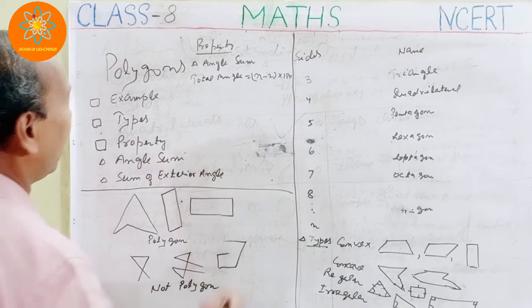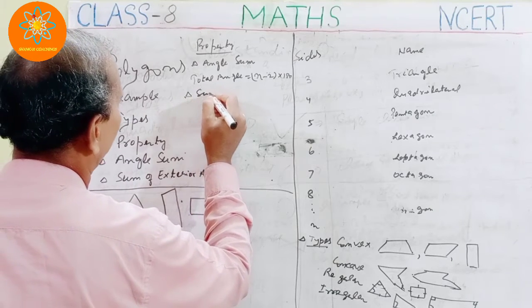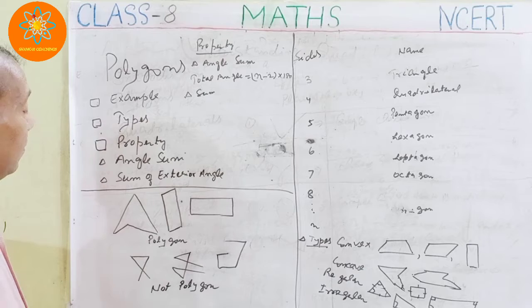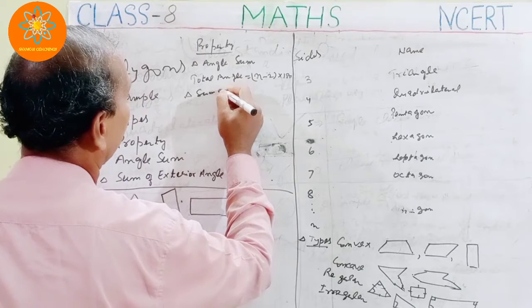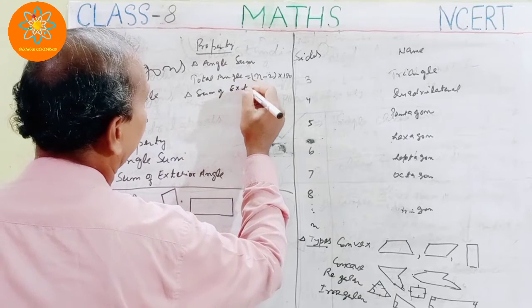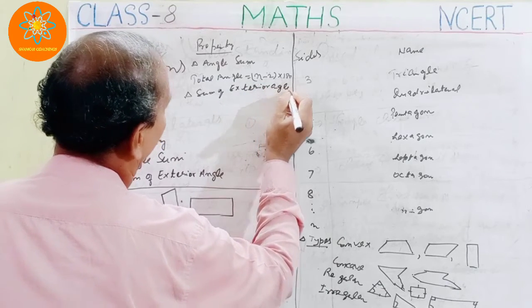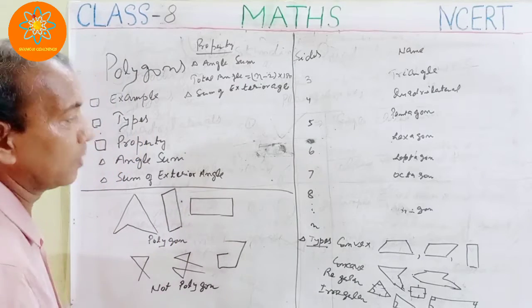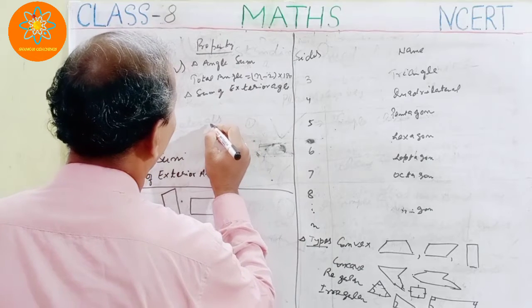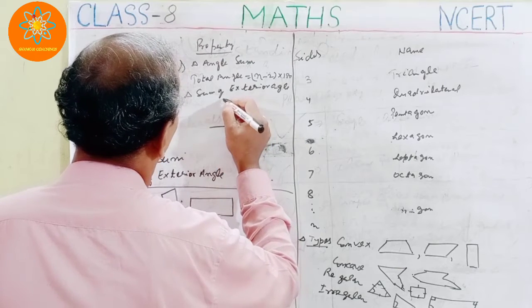Then sum of exterior angle. If I want to know what is the sum of all the exterior angles in a polygon. So in that case you will find that the sum of the exterior angle is 360, like this.